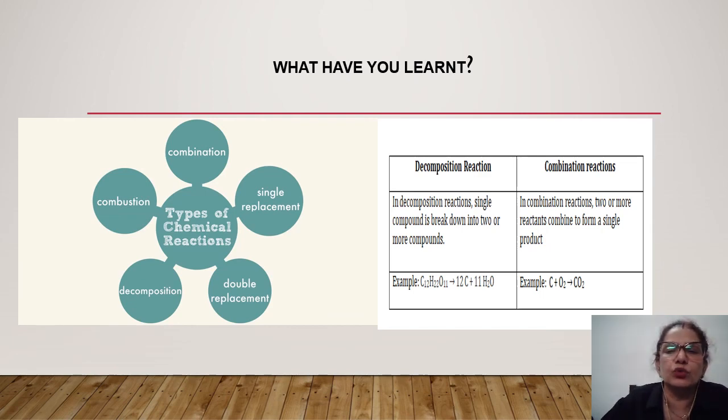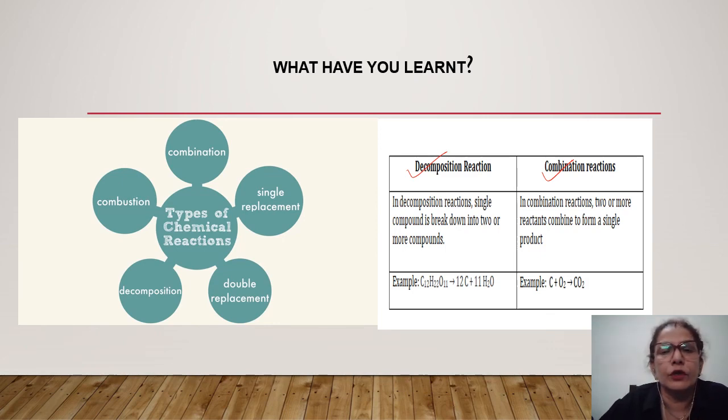So we have seen 2 reactions, that is combination reactions and decomposition reactions. Combination is where 2 or more substances combine and form new substances. Decomposition is where a single substance will decompose into 2 or more substances. We can also say that decomposition is the reverse of combination.